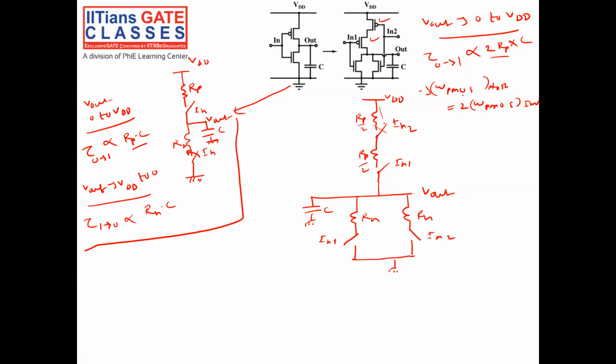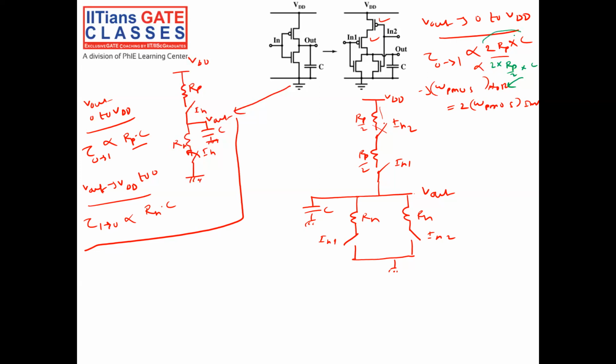So if I make my W of PMOS in NOR gate 2 times the W of inverter, then the resistance will be divided by 2 and 2. So I will get 2 into RP by 2, the same as the inverter.